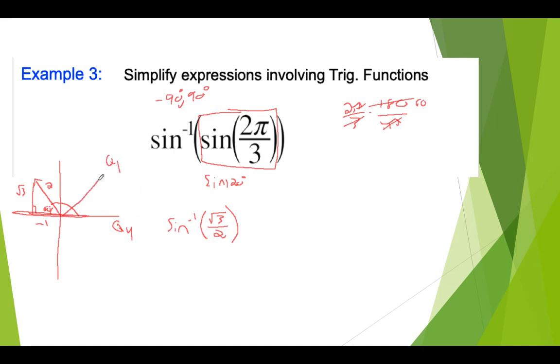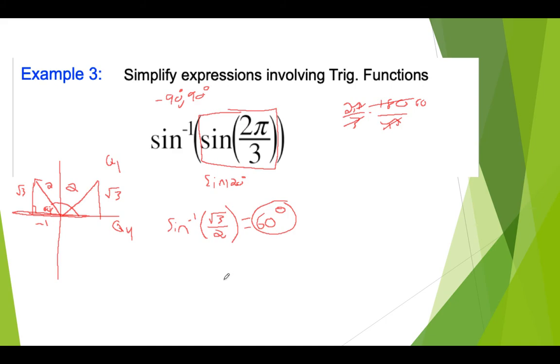So I'm going to draw my triangle. We want the y to be square root of 3, the r to be 2. That would have to make this a 60-degree angle. Again, the answer in the book might be in radians.